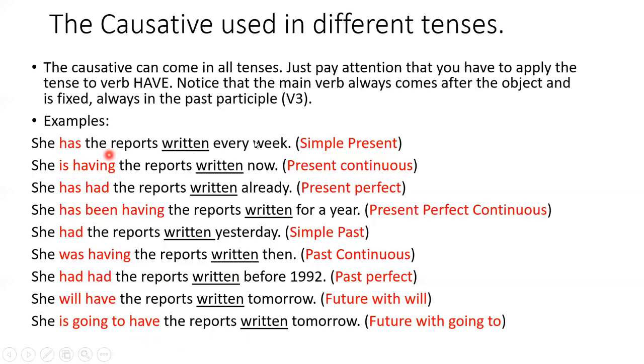Notice we used simple present because of every week, present continuous because of now, present perfect already, present perfect continuous for a year now, yesterday, then at a certain time, before 1992, tomorrow and tomorrow to indicate the future. Write these down in your notebooks and study them.